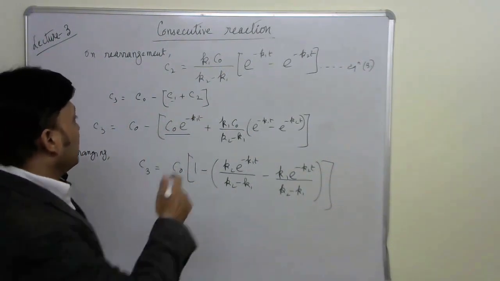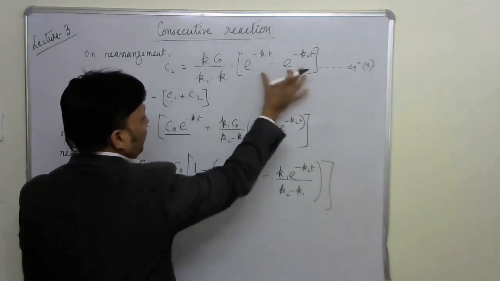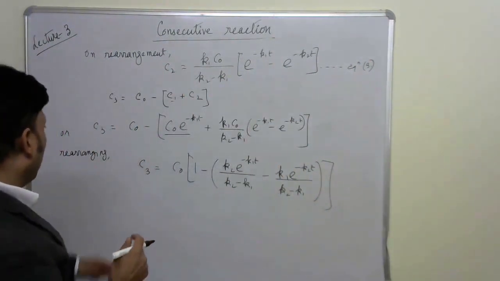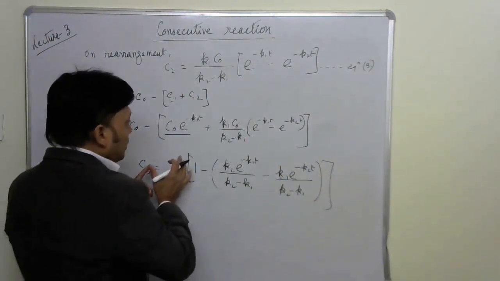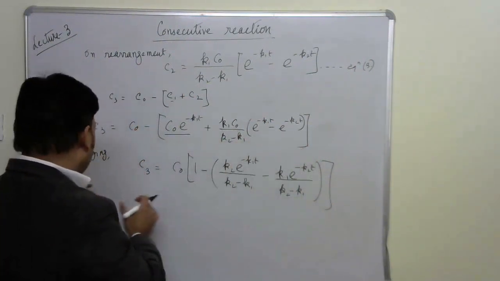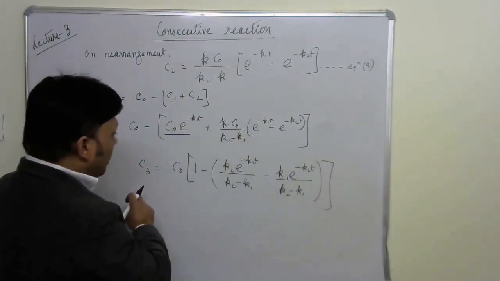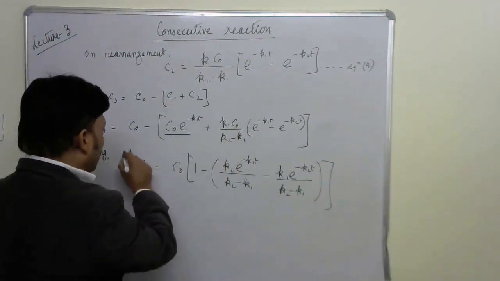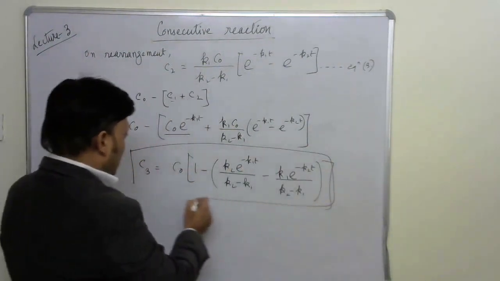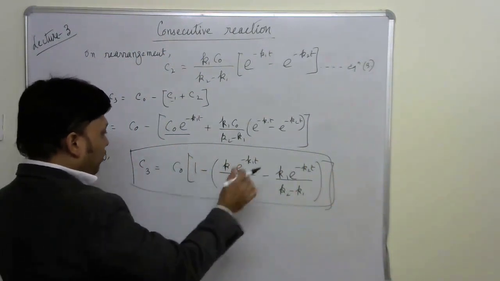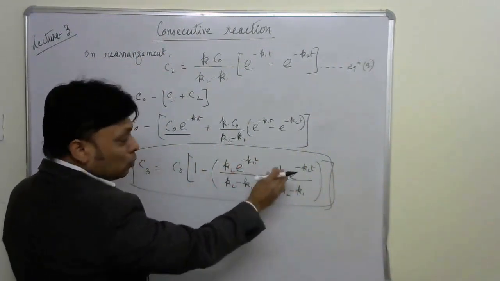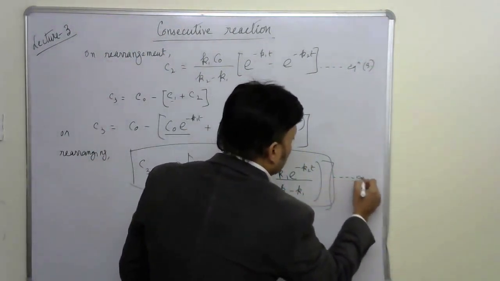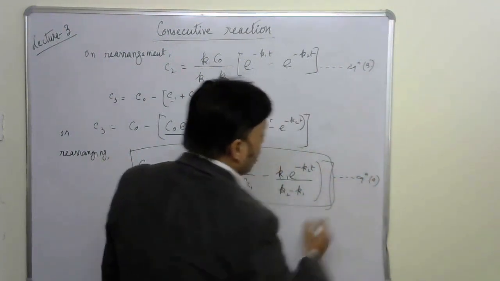Then for C2 we simply plug that big value in here, and if we simplify this expression, on rearranging we get a somewhat bigger looking expression, which is C0 multiplied by 1 minus these two parts, and we call it equation number 4.